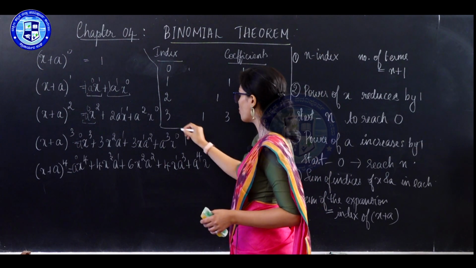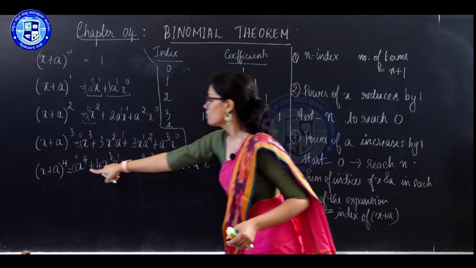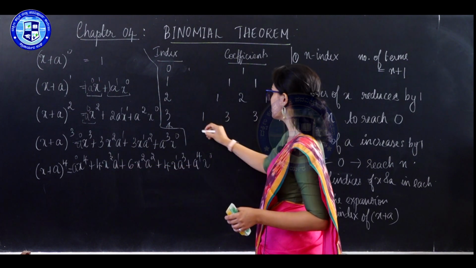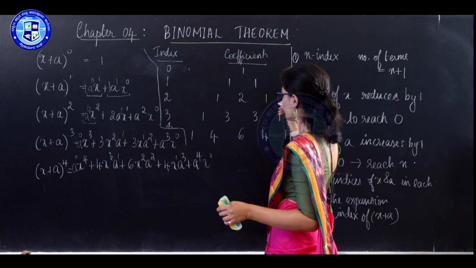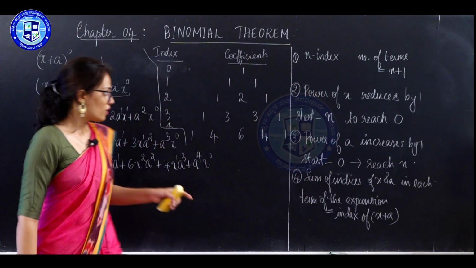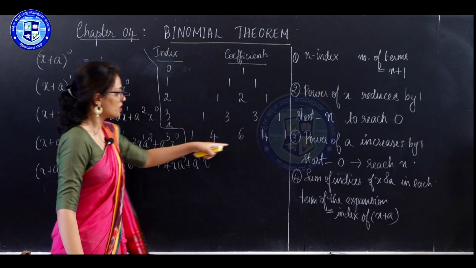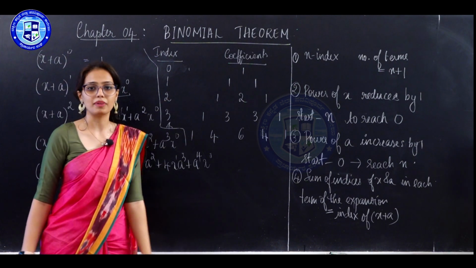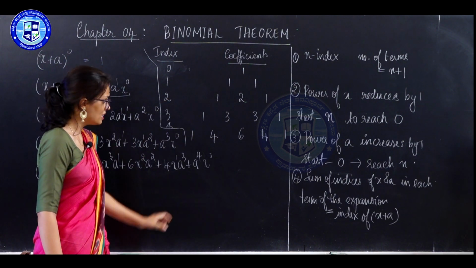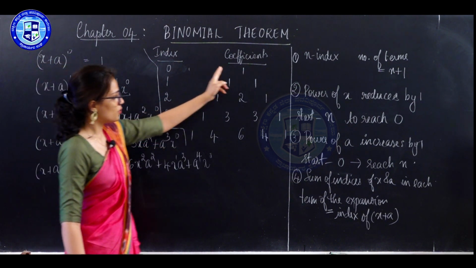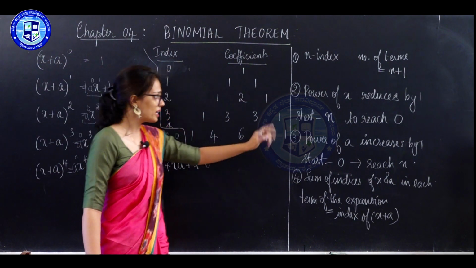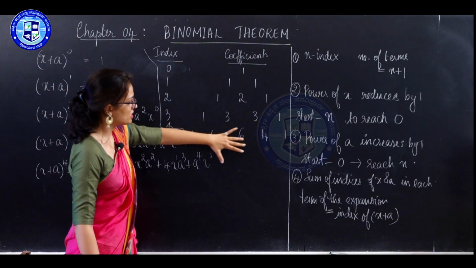And index is 4. What is happening? We have 1, 4, 6, 4, 1. Now, observe this set of numbers. Do you observe some pattern here? For each expansion we start with 1, we end with 1. Now what is happening to the terms in between?